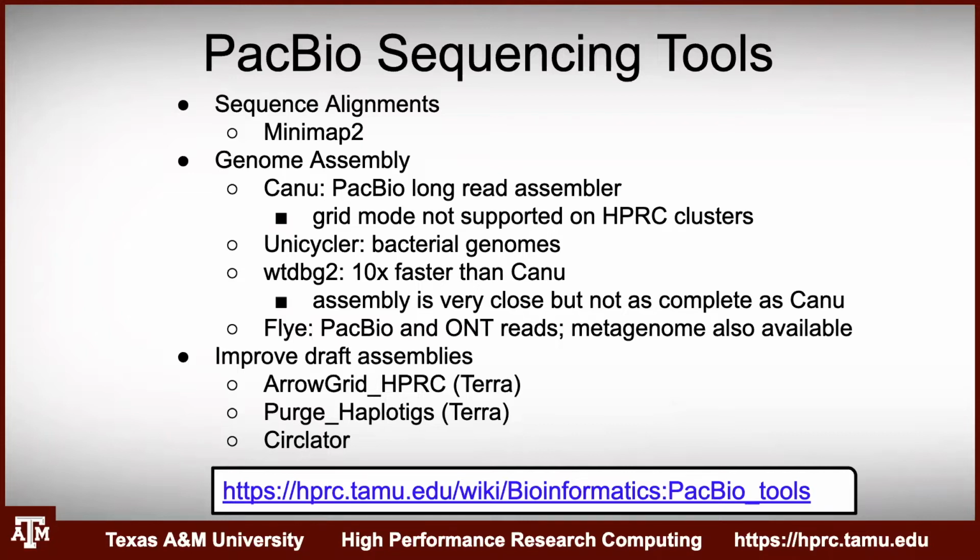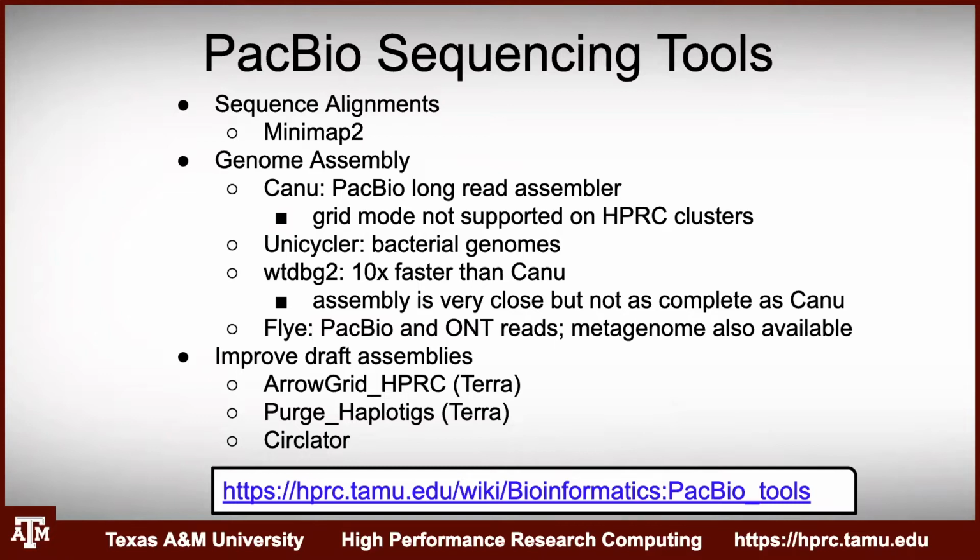Unicycler is a good tool for the smaller bacterial genomes. WTDBG2 is a much faster assembler than Canu. It's very close, but it's not quite as complete as Canu. Flye is another fantastic assembler, and it can take raw or corrected PacBio or Oxford Nanopore reads, and it also has the ability to do metagenomes, right?